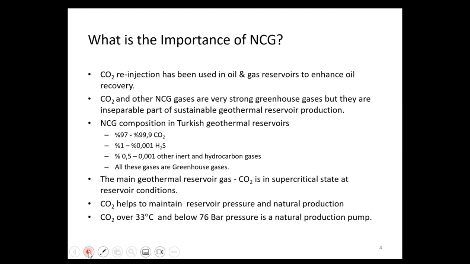It's highly mobile, highly affects the porosity, permeability and mobility, and it easily changes phase as you produce it on the way up to surface, which helps it expand in volume and makes a natural pump for operating a geothermal power plant.